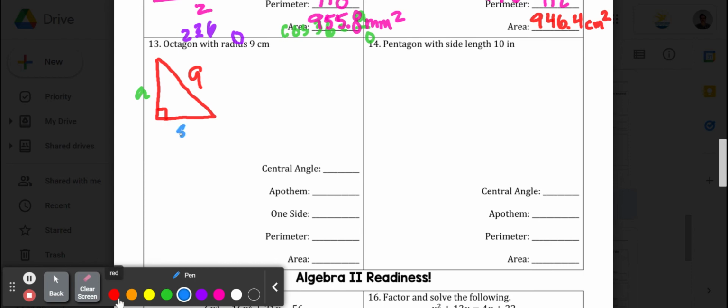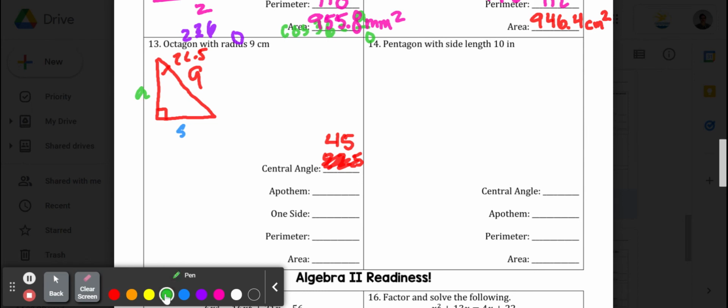So I'm not given a lot here. Good thing is it's an octagon, so I know my central angle is the same as the one we just had, 22.5. So we're going to put that 22.5. I'm sorry, that's not the central angle. The central angle is 45.